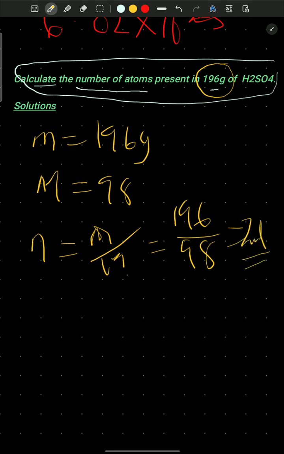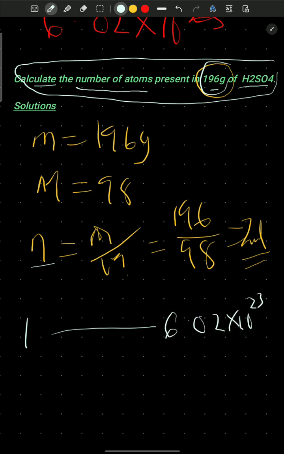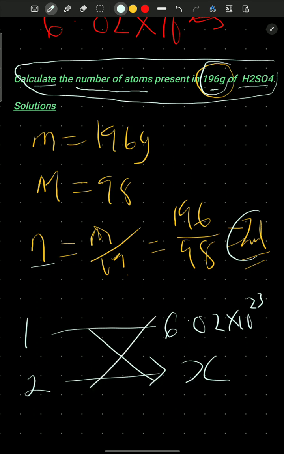So now once we have the mass and the molar mass, mass over molar mass, we find the mole. Then you say that 1 mole should give 6.02 times 10 raised to power 23. So this is 2 mole, and you don't know what 2 mole will give you, x. So you cross multiply: x times 1 is x, then 2 times 6.02 times 10 raised to power 23.